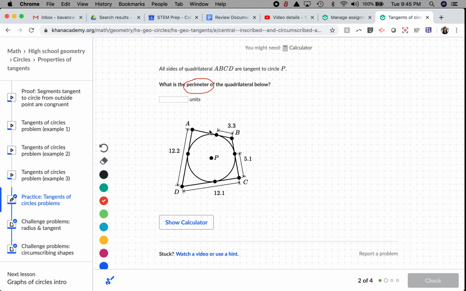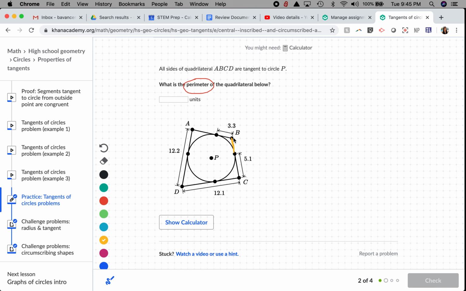So let's look at the problem. Let's dissect it one by one. Let's say that I am trying to find this line right here. What do I notice?